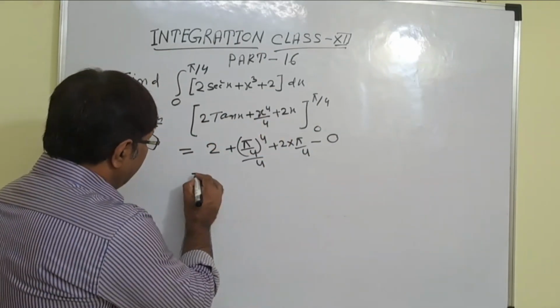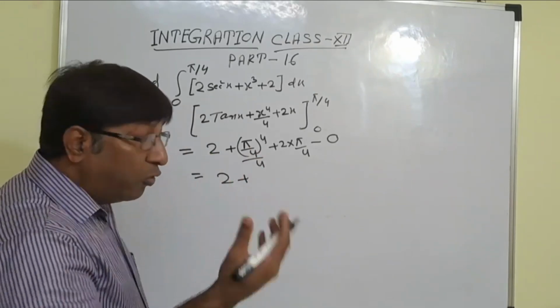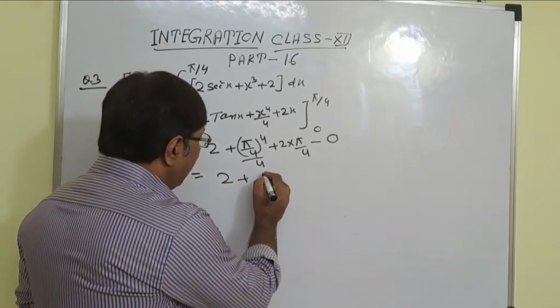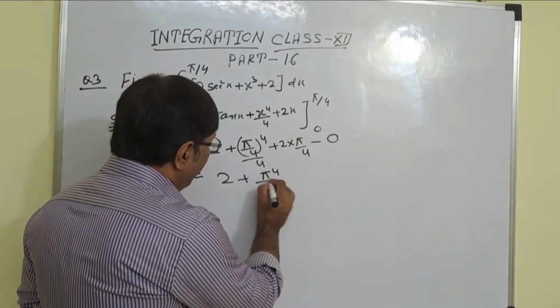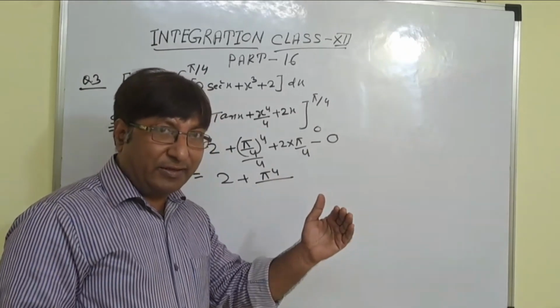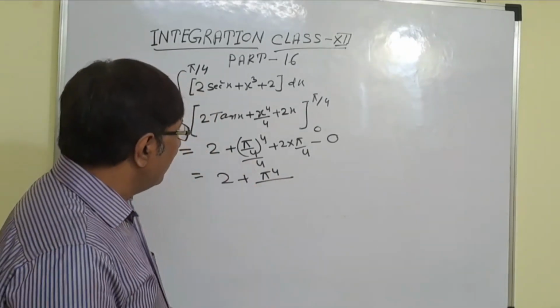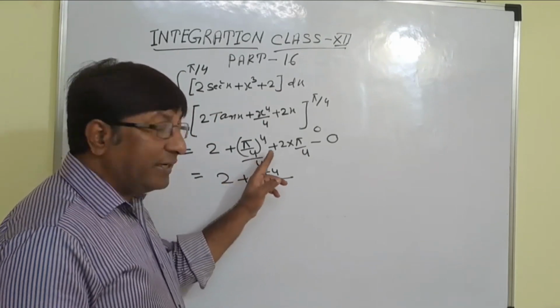Now you can see this is 2. Here pi by 4 whole power 4. So we will get what? Pi to the power 4. And 4 power 4, you know, 4 into 4, 16. So 16 into 16, what? 256. And this is also 4. So 256 into 4.